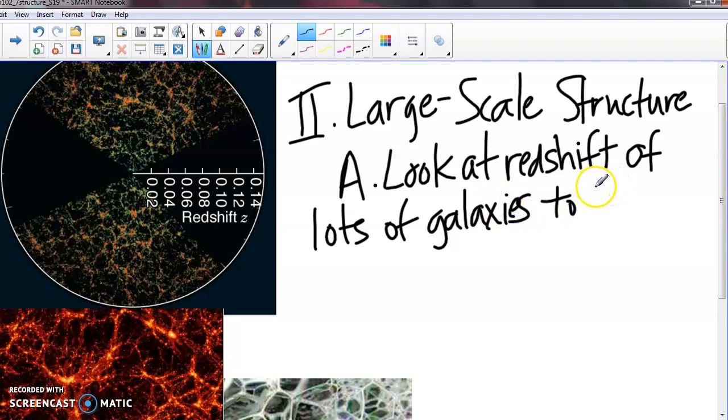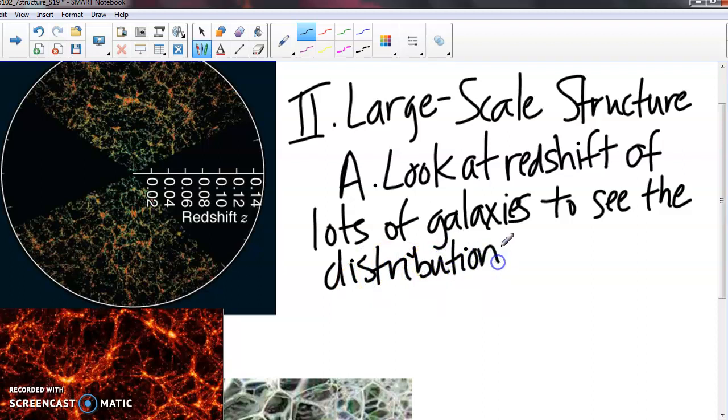How far away are they, essentially? It's a way to find distance, to see how they are distributed, the distribution across the universe of superclusters.